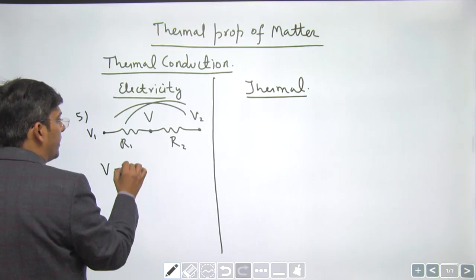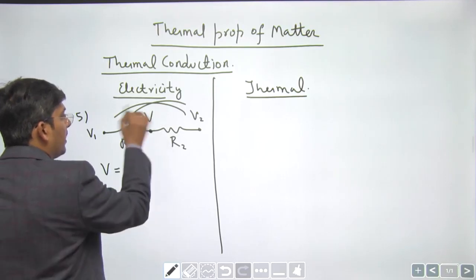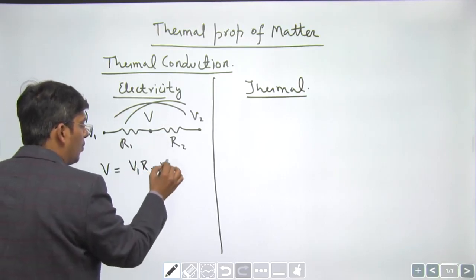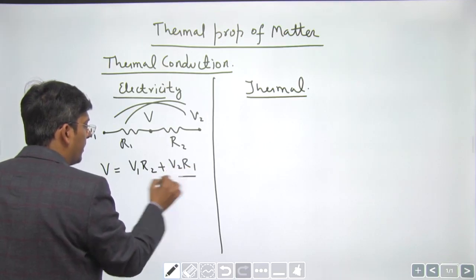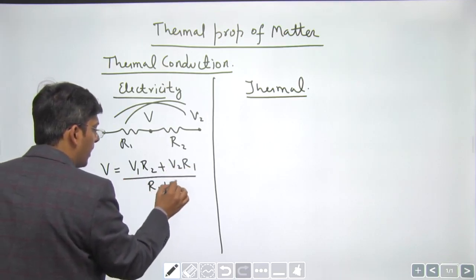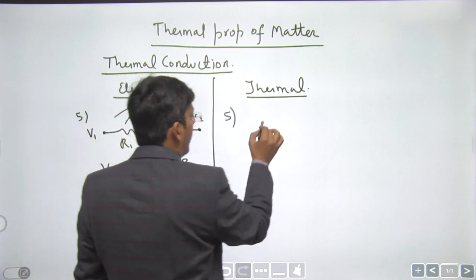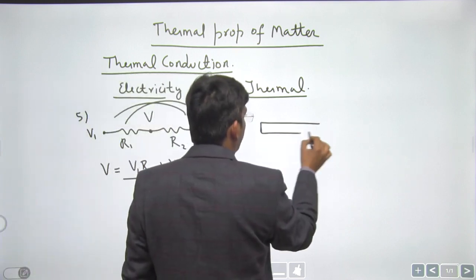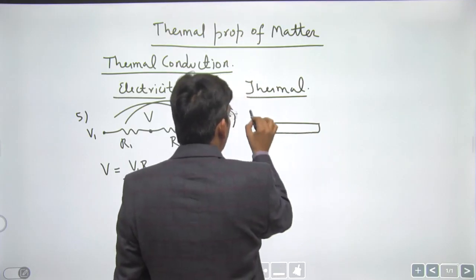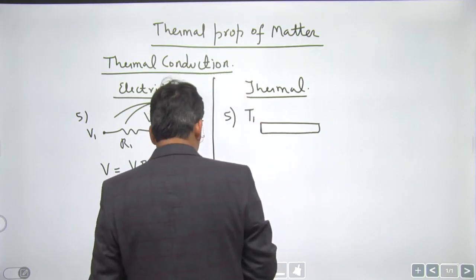So the potential at this point is given by V1 into R2 plus V2 into R1 divided by, definitely dear students, R1 plus R2, right? Suppose you have two conducting slabs, right? The temperature of this point is T1, right?